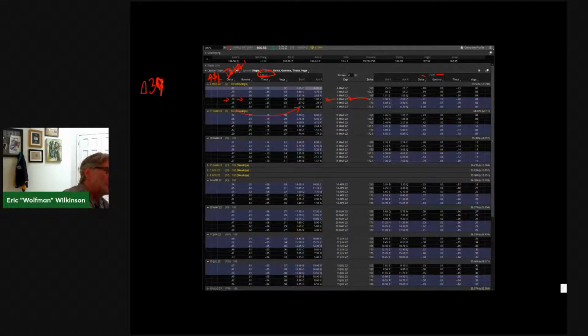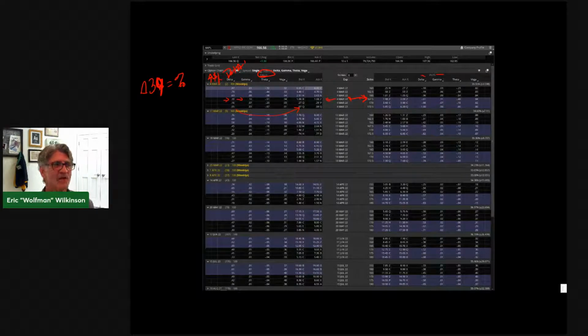But what I want you to know from this is the probabilities. Delta tells us the data of your risk. All right. So 39 delta means 39%. So what I like to know from delta is that my 39 delta, that means that the 167.5 call has a 39% chance of being 1 penny in the money.